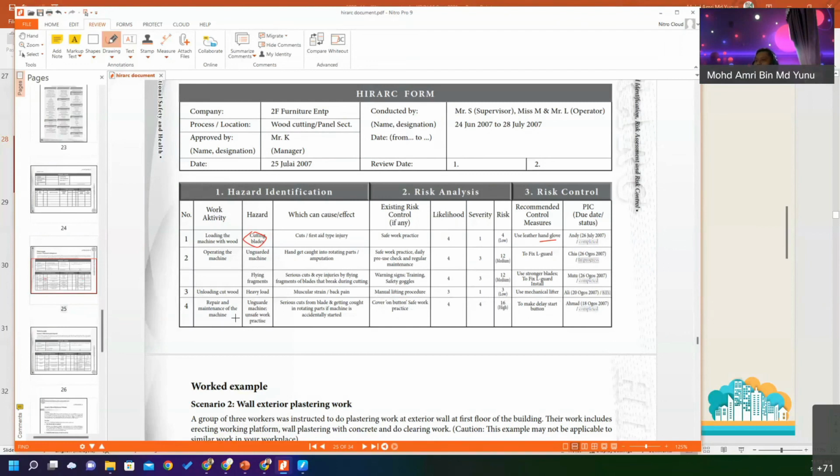So the issue is that the machine is unguarded. I don't really know 100%, but what I understand here, it has to do with the operation of the machine.